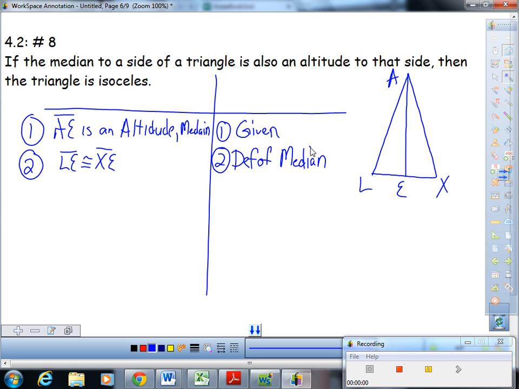I still think that you guys are a little confused about altitude. Altitude only tells us one thing, unless they're asking us to find the area. Altitude tells us that what is the relationship down here at the bottom? Trev? They're right angles.